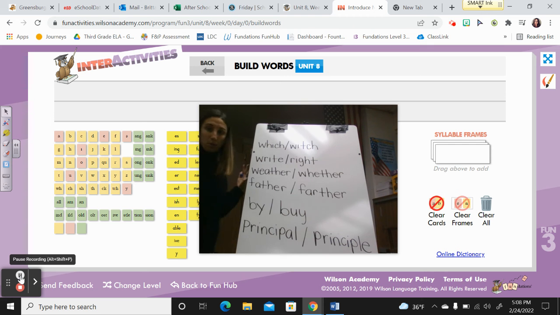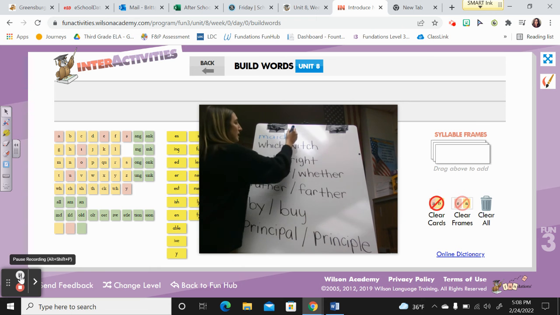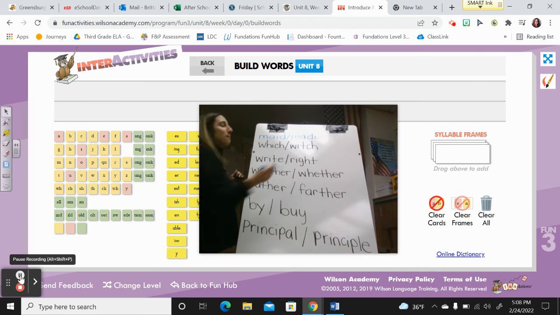If, for example, my pair, we haven't had this one in 3rd grade, at least yet, was maid, M-A-I-D, and made, M-A-D-E, my job is going to be to come up with a sentence that uses both of these sound-alike words in the same sentence.